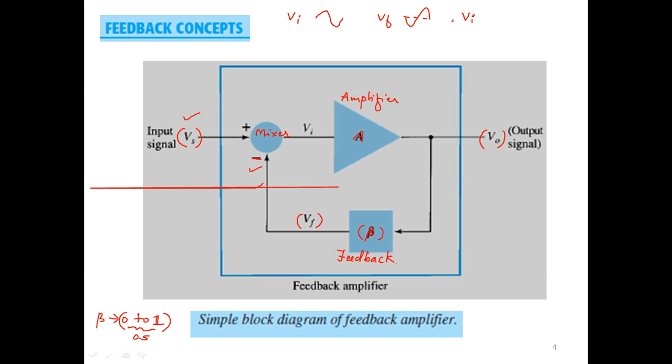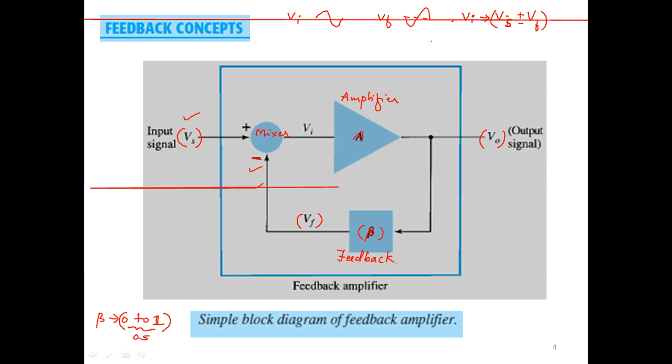See, Vi is the net input signal which is actually being fed to the amplifier, and this is Vs plus or minus Vf. Hope you can understand.